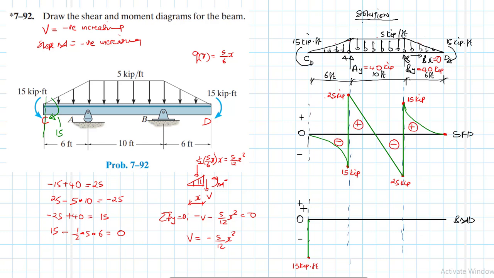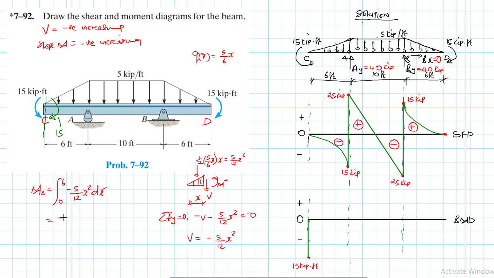Okay, so we're going to use this to quickly do the integration. Let's do that. We know the area under the shear diagram itself gives us the moment. So the moment at A is going to be equal to the integral from 0 to 6 over this shear, minus 5 over 12 x squared dx.